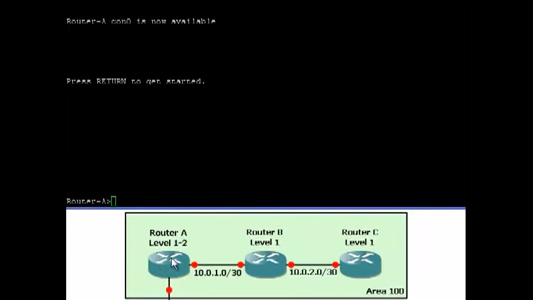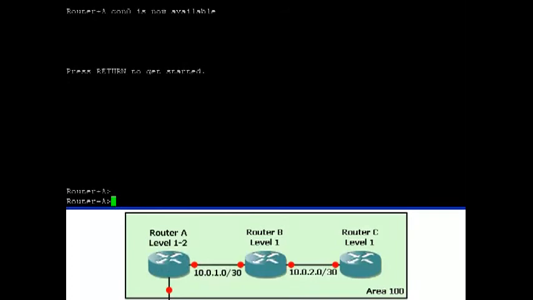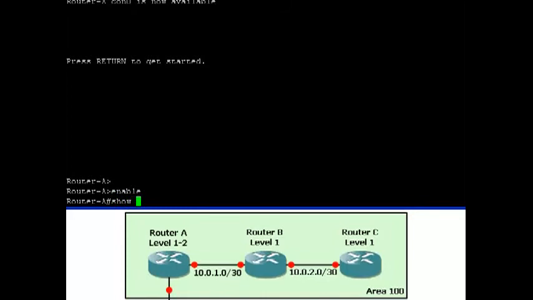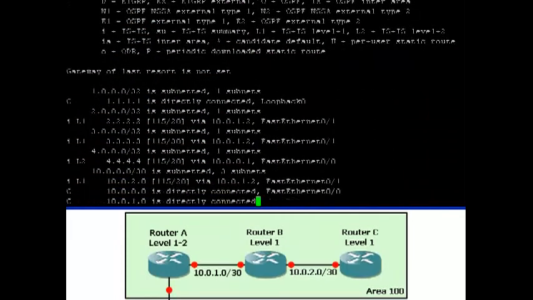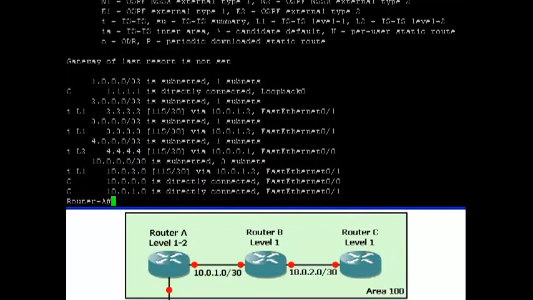Now let's look at the terminal window of router A, which is in area 1 and is a Level 1, Level 2 router. First, we'll look at what networks it knows about. It already knows about all the loopback addresses of all the routers, since it's a Level 2 router.